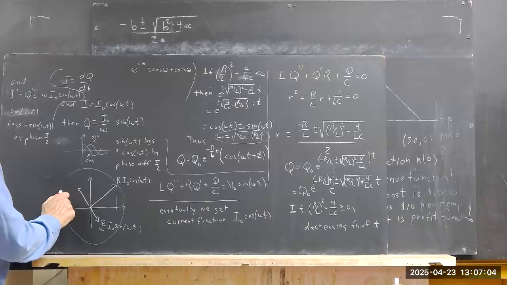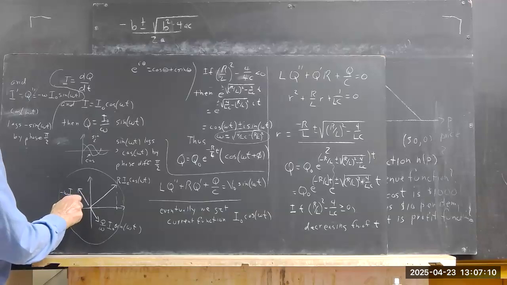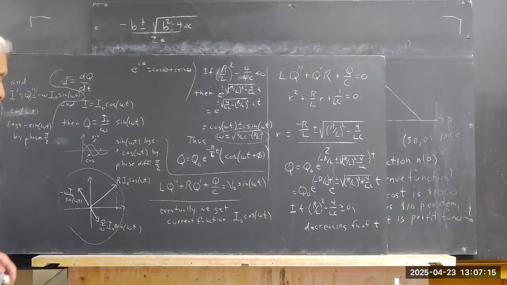This would be your negative omega I naught sine of omega t.